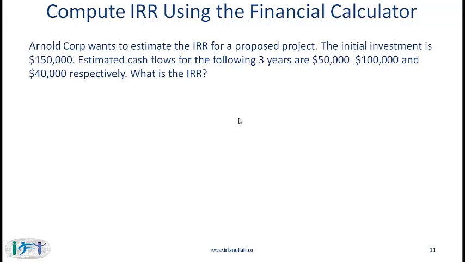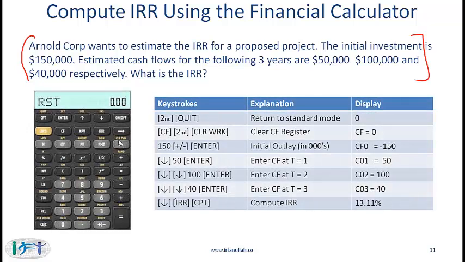The better way is to use a financial calculator. So we take the same question, and here is what we need to do. These are the keystrokes for computing the IRR. This is simply to set the calculator to standard mode. We hit the cash flow button over here and clear any past numbers in the cash flow register, and then we enter this information, and we are working in thousands. So the initial outlay is minus 150.